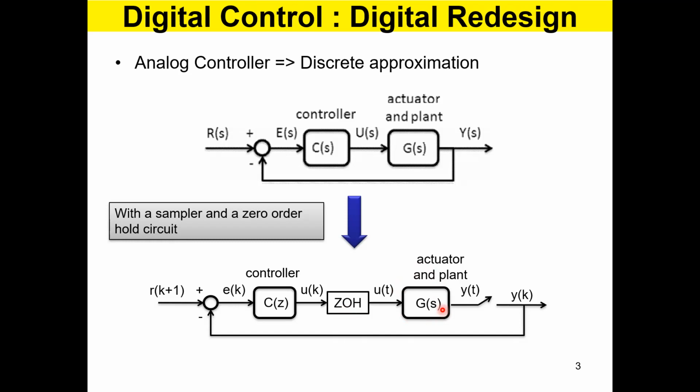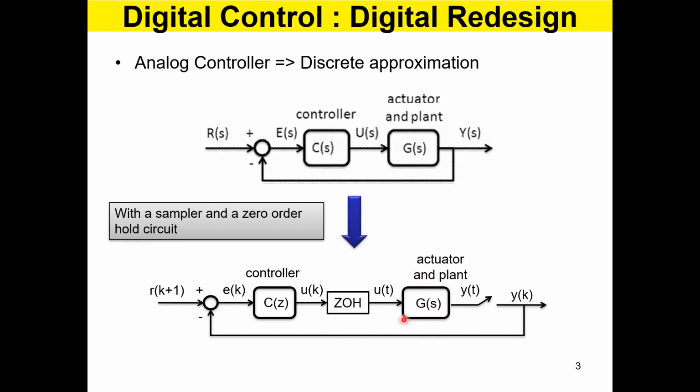Not even a nut or bolt has changed from the plant, right? It is the same plant you are going to control now with the digital control. So therefore, the plant is not going to change. It is G(s). You can have G(z), the approximate version of that. But I think it's more logical to keep it like that, G(z), G(s).